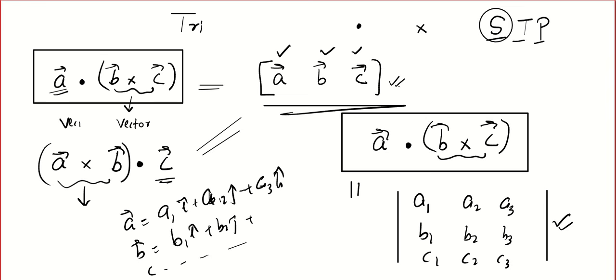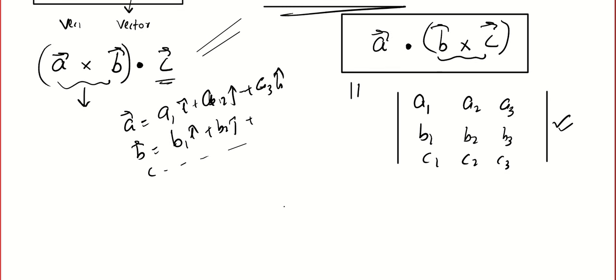Okay, this has one geometrical meaning. An STP represents the volume of a parallelepiped. Parallelepiped means the three-dimensional version of a parallelogram. You know that a square becomes a cube, a rectangle becomes a cuboid.